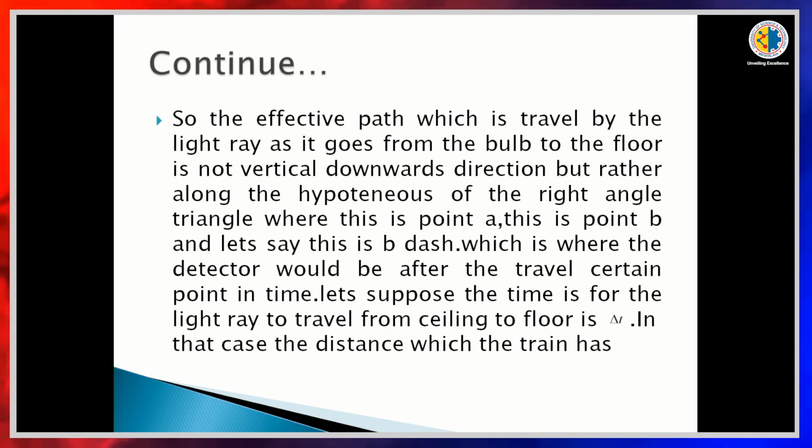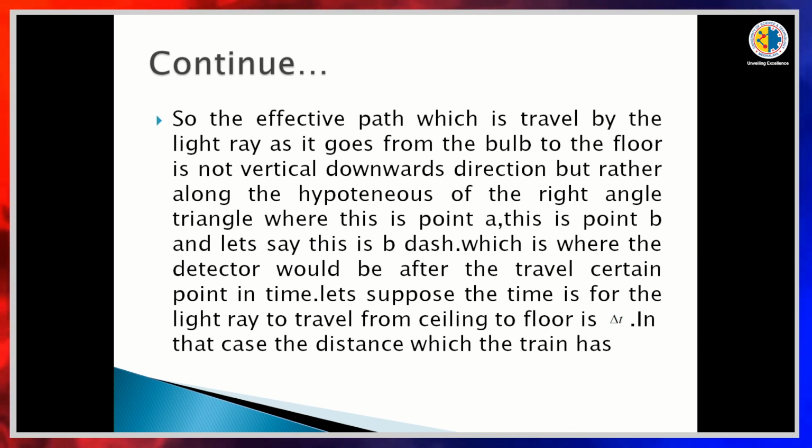The effective path travelled by the light ray from the bulb to the floor is along the hypotenuse, where the first point is A, the second point is B, and the third point is B dash, which is where the detector would be after a certain time.